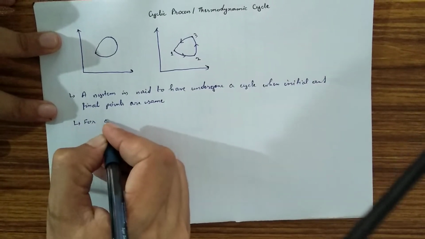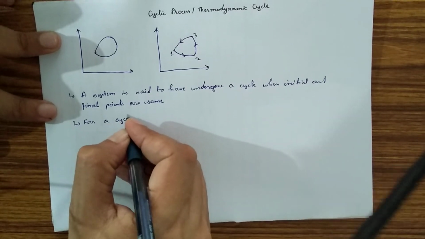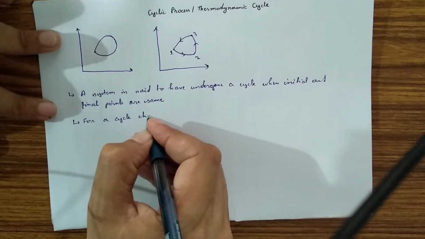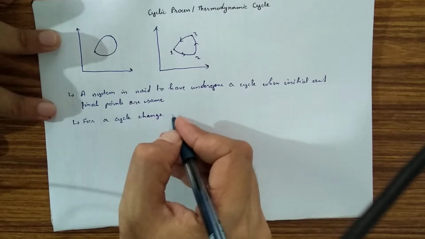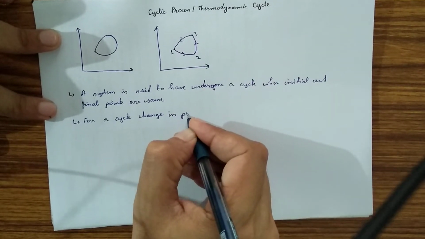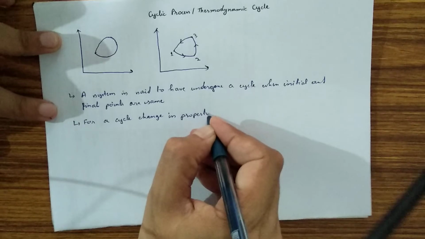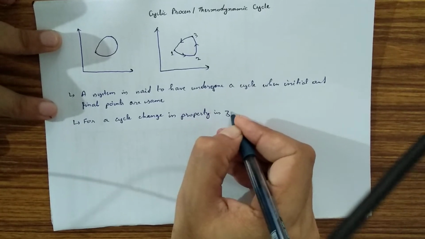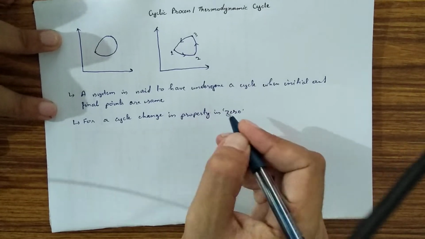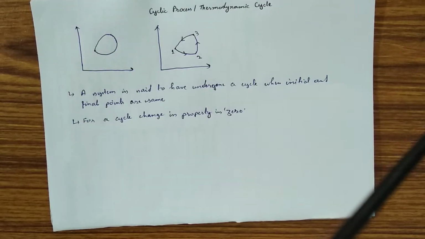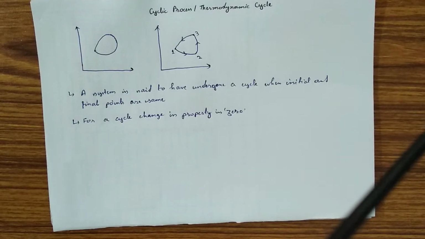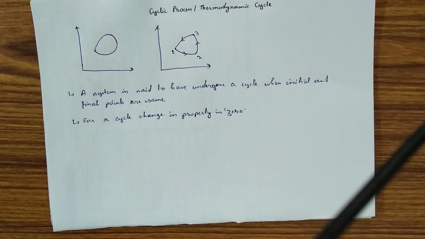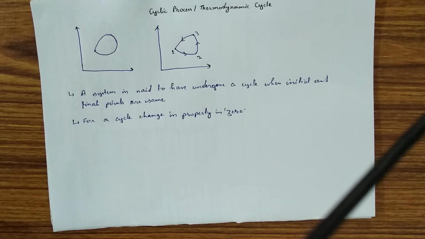For a cycle, change in property is 0. So a system is said to have undergone a cycle when initial and final points are the same, and for a cycle change in property is 0.